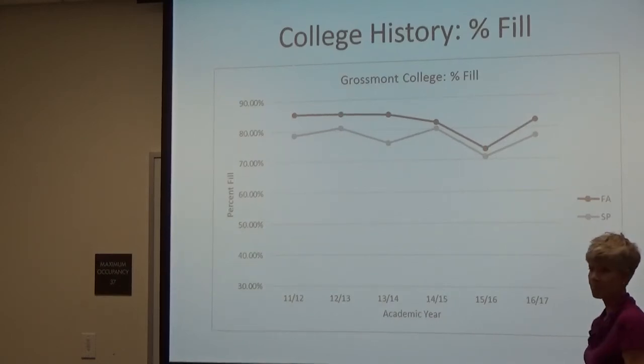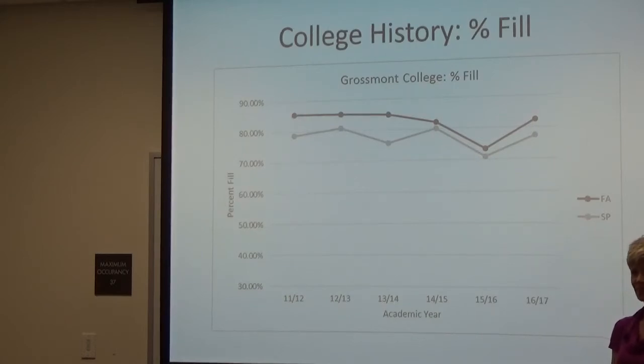Question. Is it possible to motivate some bad behaviors here if departments are having low percent fill issues? I'm not naming names, but I've heard of departments saying, we're having a percent fill issue, let's reduce our class size count.